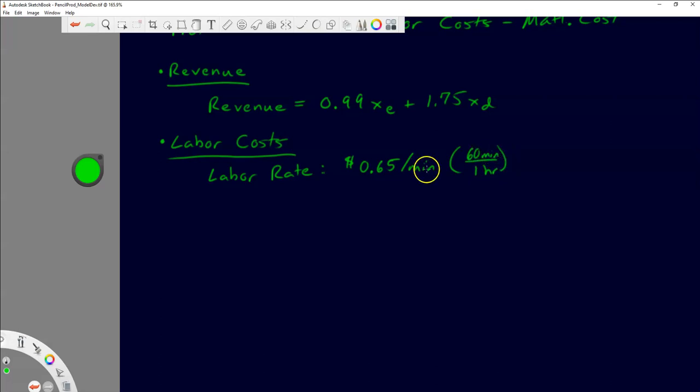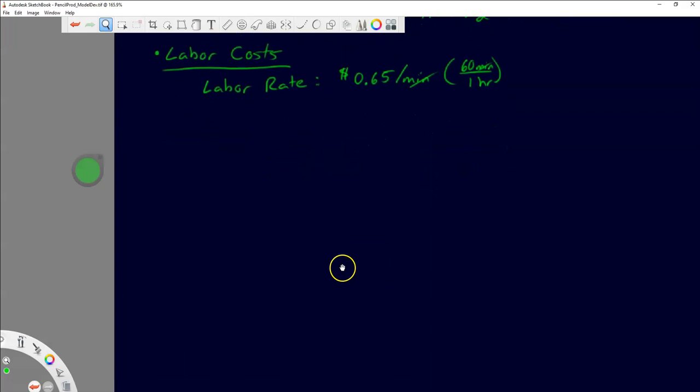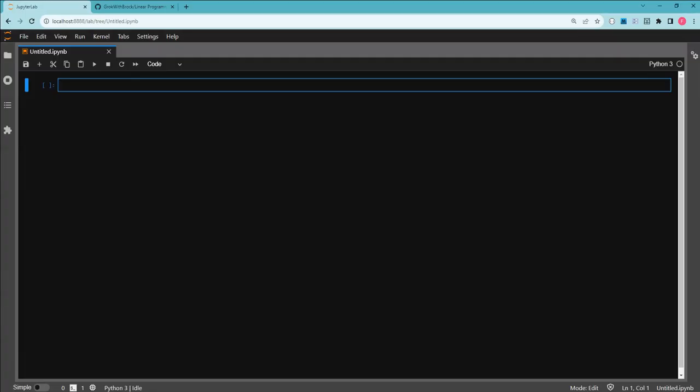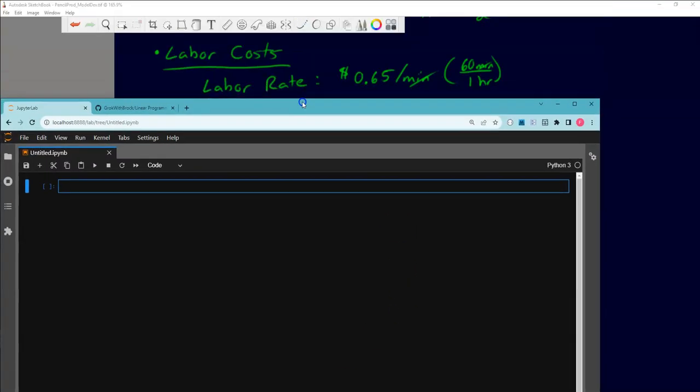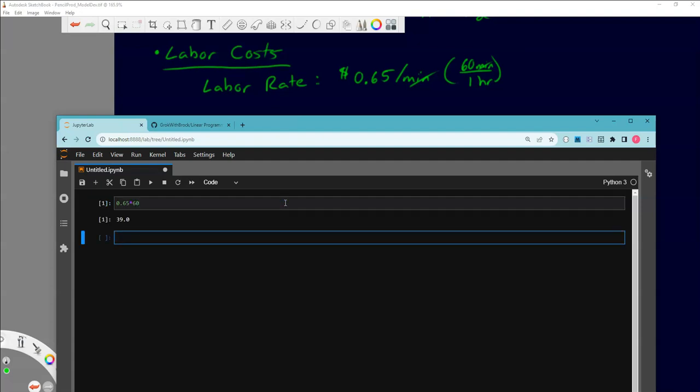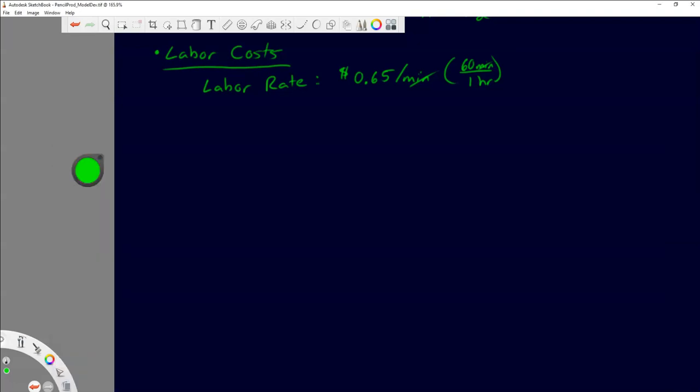So set up this little unit conversion here, and I need to multiply it by 60. And just FYI, I'm going to be using a Jupyter Notebook for these type of simple calculations as we go through this process. And it looks like that is $39 per hour. So that is equivalent to saying it costs $39 per hour for the shop labor rate.